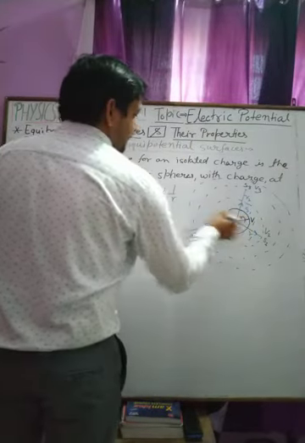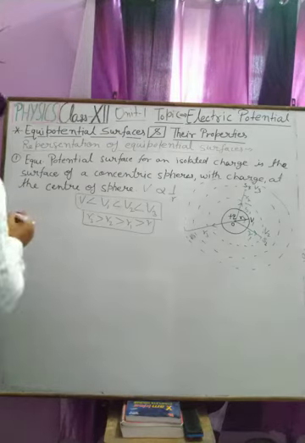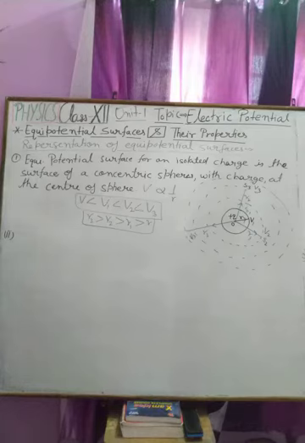From this, now we take the second kind of surface: the equipotential surface for a plane.